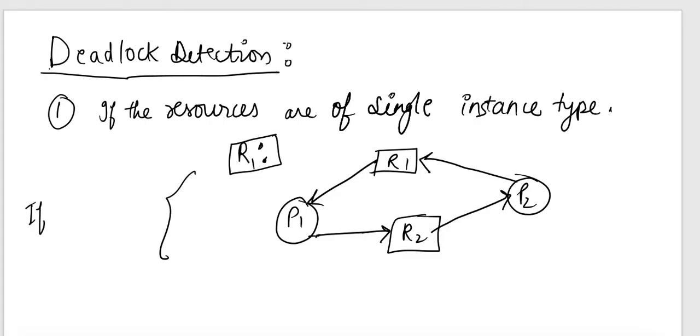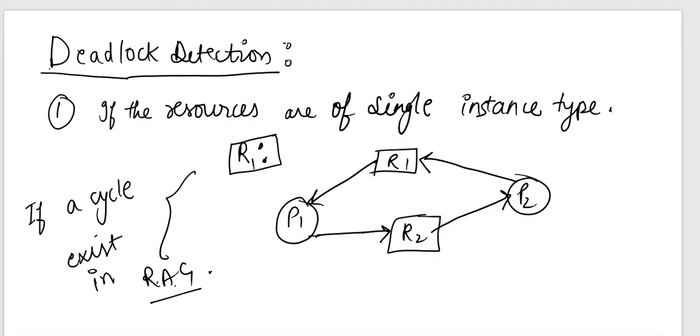If a cycle exists in the RAG. What is RAG? Resource allocation graph.